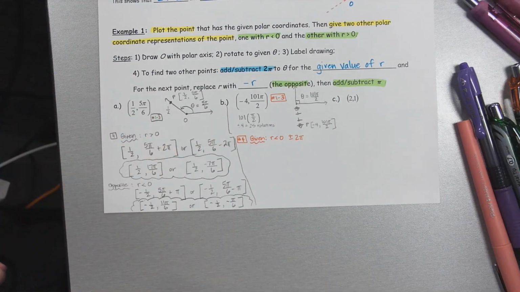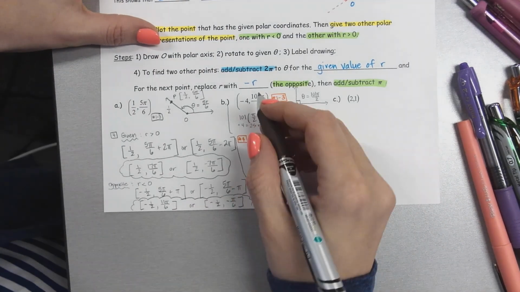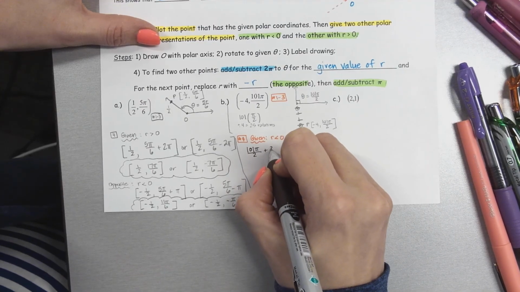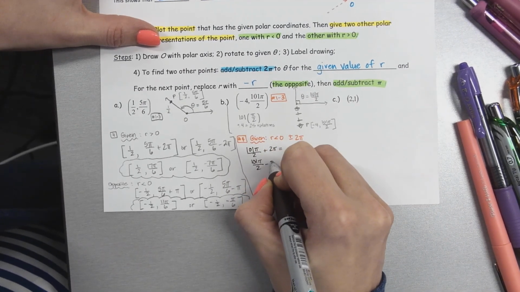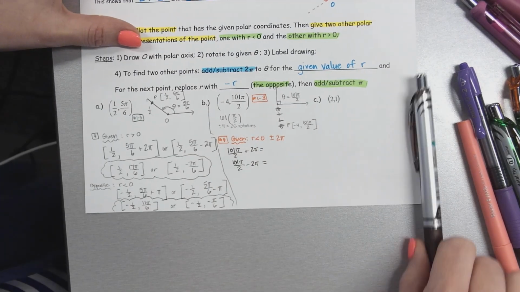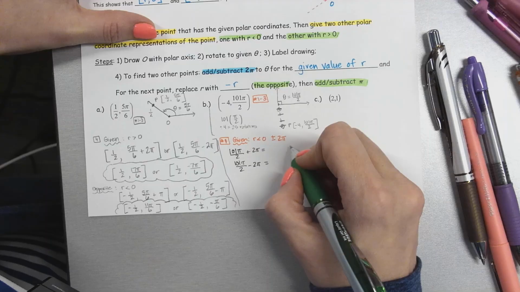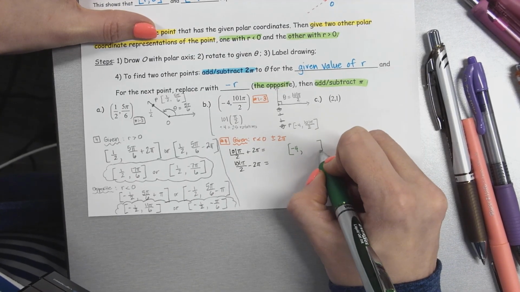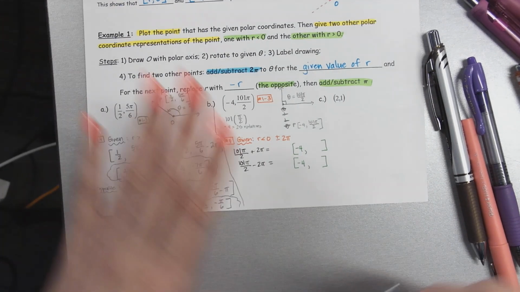If you want, when you're writing this out, you can just take your value of 101 pi over 2, and you can add 2 pi, and you can subtract 2 pi, and then you're just going to write each of those as a point. So you have -4, and then you're going to find that value. -4, find that second value.